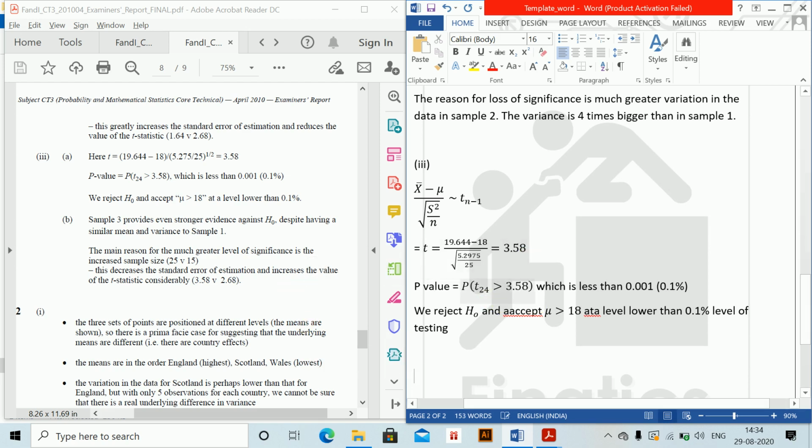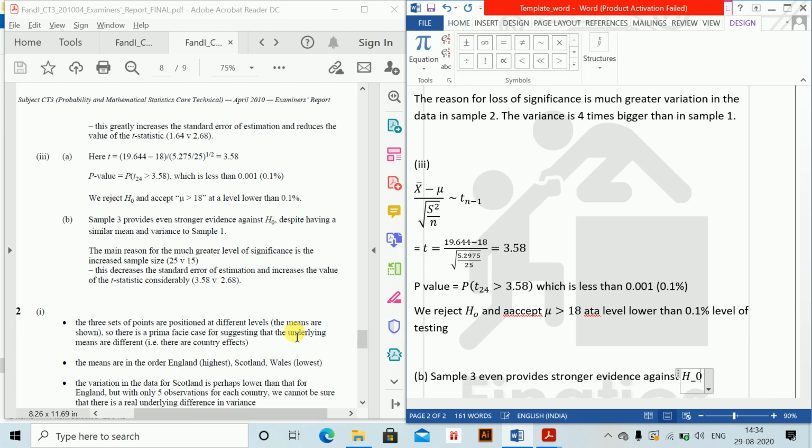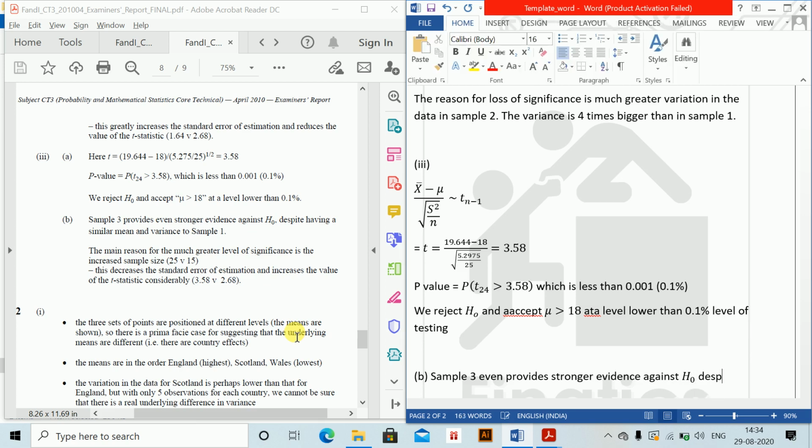Again, for B, the comment we have to write: sample 3 even provides stronger evidence against H0, despite having similar mean and variance.